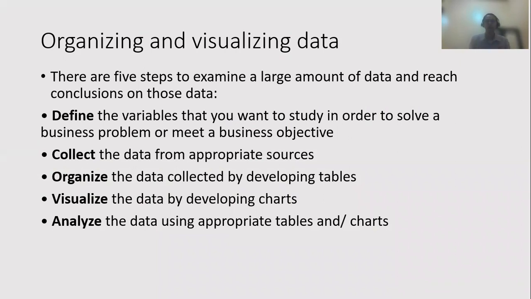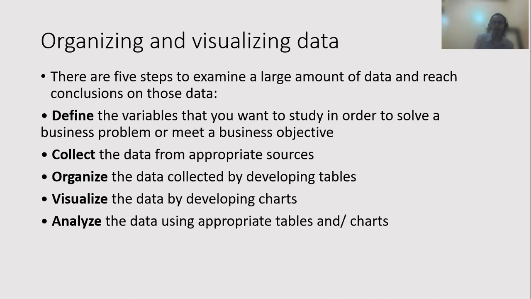Now, let's get back to the material. So, organizing and visualizing data. There are 5 steps to examine a large amount of data and reach conclusions on those data sets. First, you have to define the variables that you want to study in order to solve a business problem or meet a business objective. Or it's not just about business, it's also about your material, international relations.